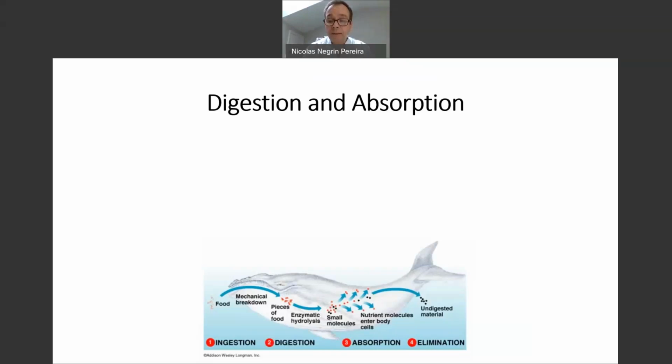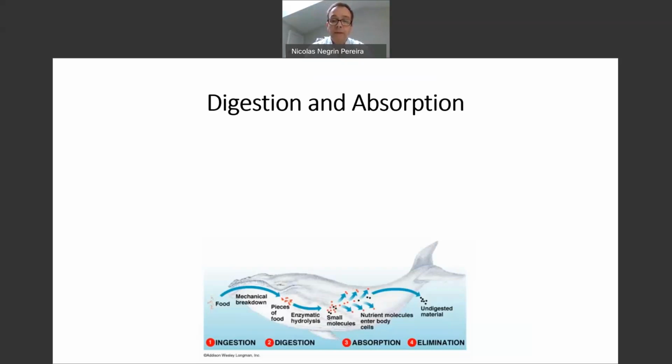For proteins, it is going to be amino acids. For lipids, it is going to be fatty acids and glycerol and triglycerides. And of course, for carbohydrates it will be monosaccharides, and in particular glucose, which is the main metabolic fuel the cells need to fulfill their roles and functions.